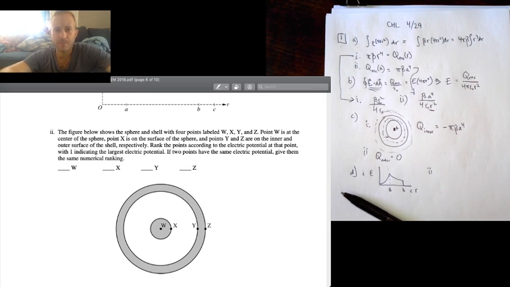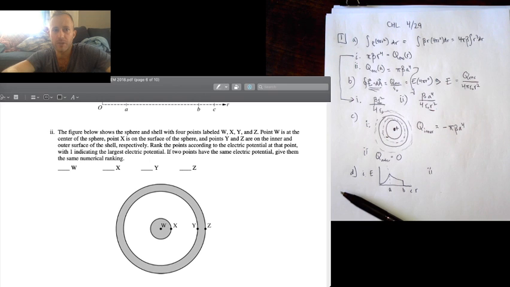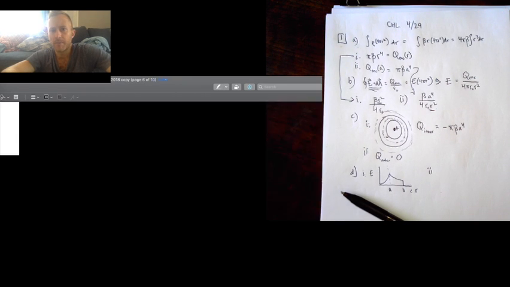So if you're close to a positive charge, you have the largest electric potential. Okay? So W is going to have the highest electric potential because it's at the very center of the positive charge. So this is number 1.